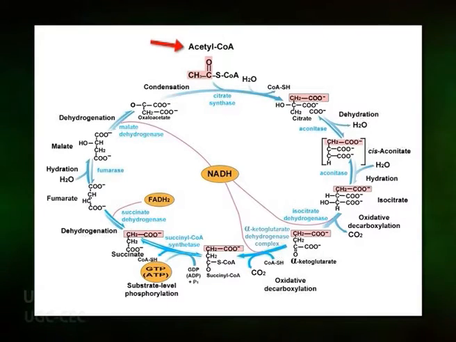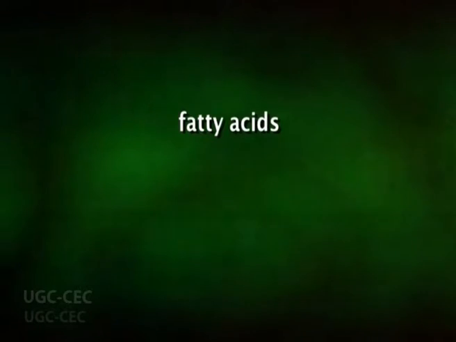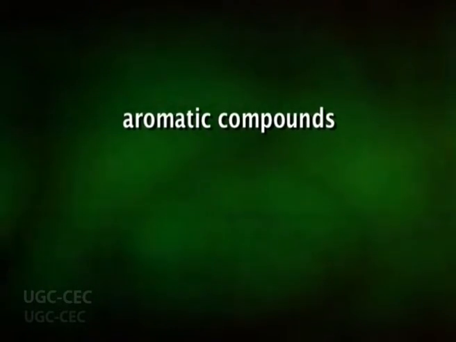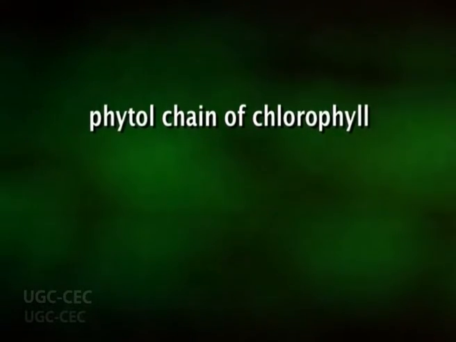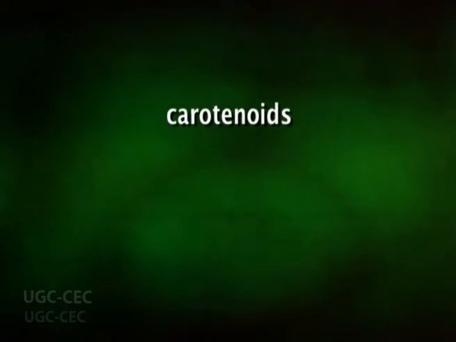Number 4, acetyl coenzyme A produces compounds for the formation of fatty acids, cutin, aromatic compounds, phytol chain of chlorophyll, carotenoids, terpenes and gibberellins.